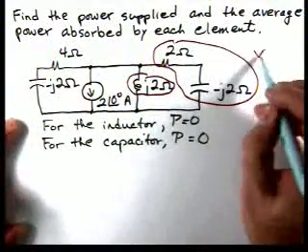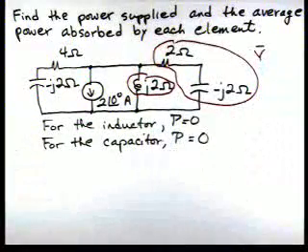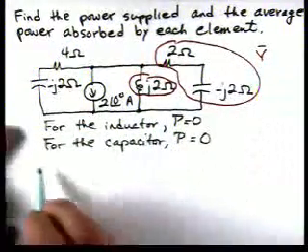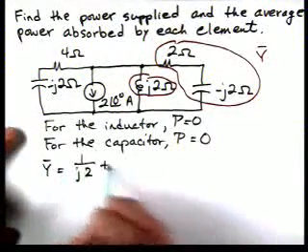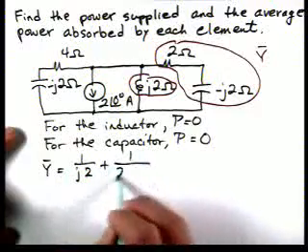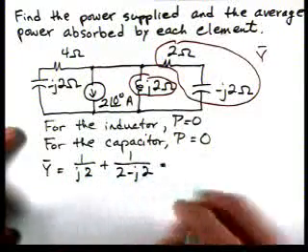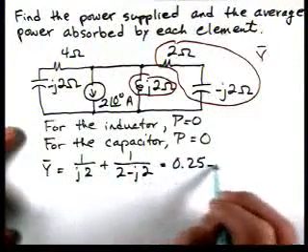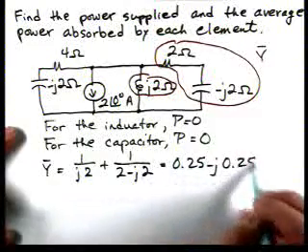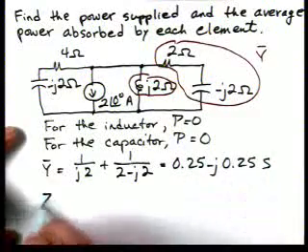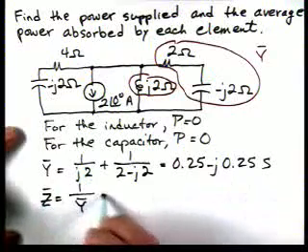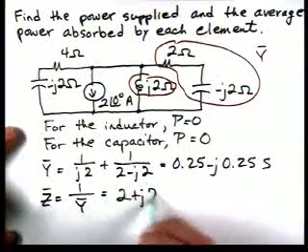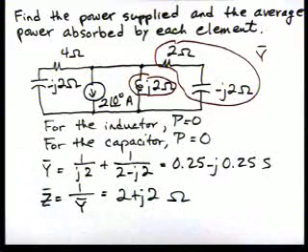I'm going to combine them into an admittance Y. So Y is 1 over j2 plus 1 over 2 minus j2, which is 0.25 minus j0.25. And then Z, which is 1 over Y, is 2 plus j2.